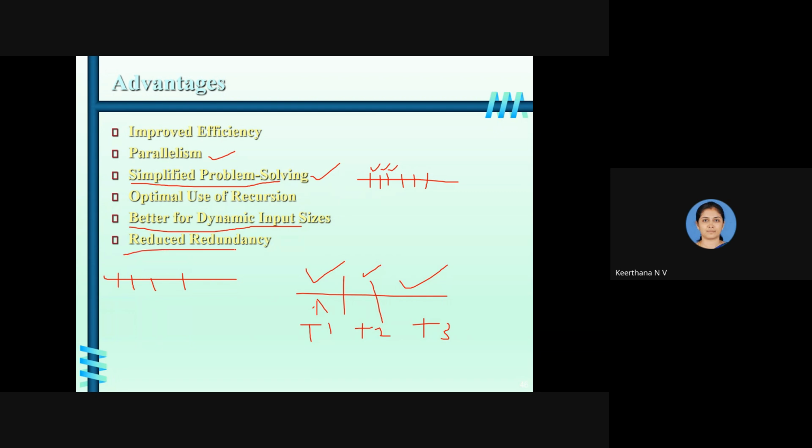The next thing is reduced redundancy. What does redundancy mean? From a computational point of view, there will be a chance of getting redundant computations. It means frequent repeated combinations of computations. For that case, each and every sub problem, that is each and every sub module of your main module, will be divided and operated independently, and at the final stage the results will be combined.